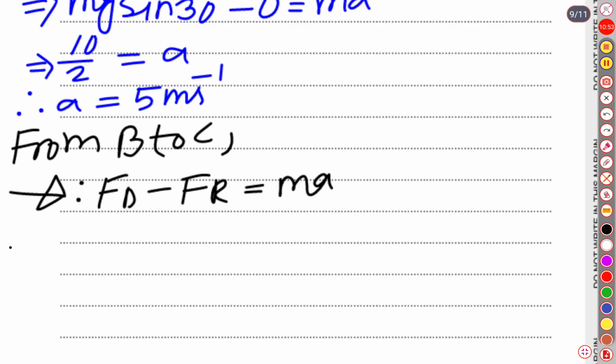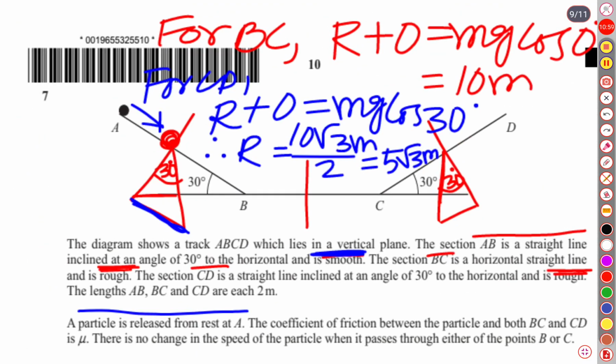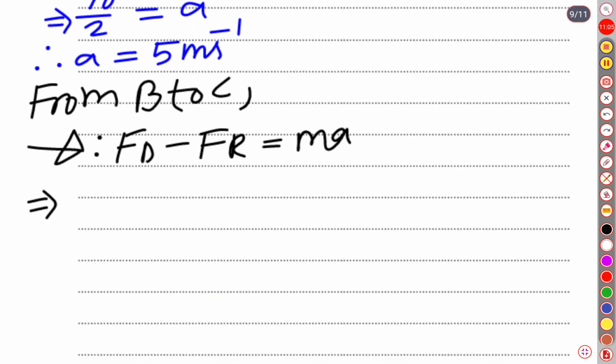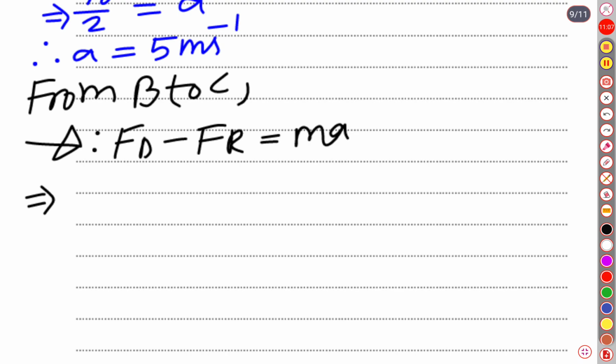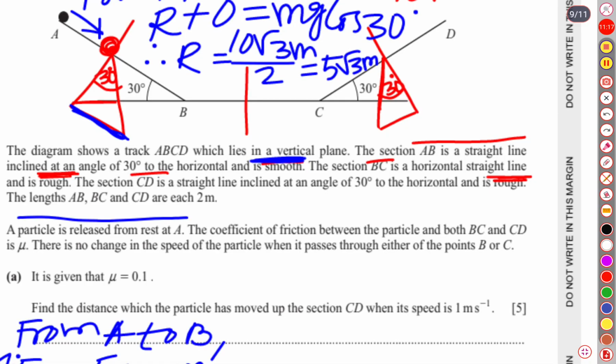So what is the driving force on this particle? When the particle was released from A, it was just moving onward without any external force. So there is no driving force at all. Now, what is the resistance force? First, the resistance force may be calculated from weight, since weight may cause resistance to the motion.